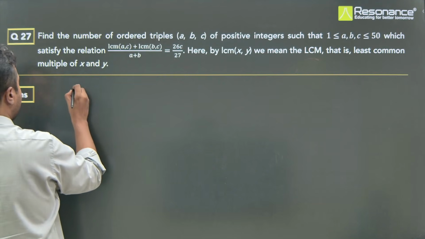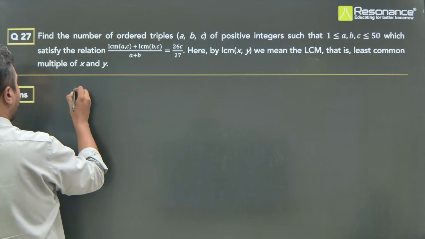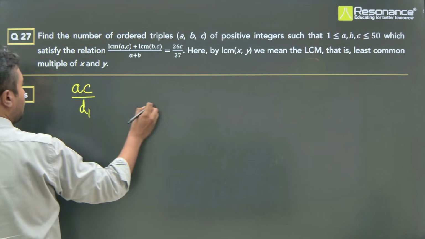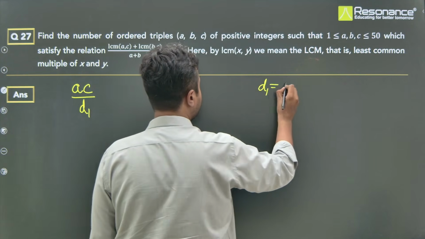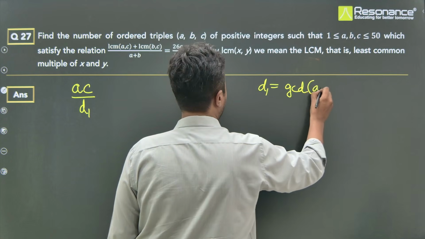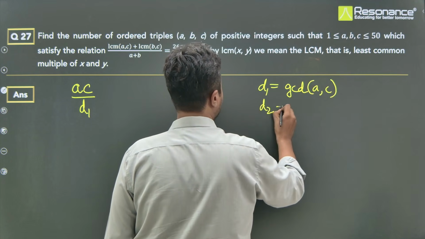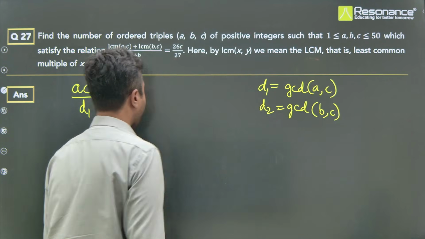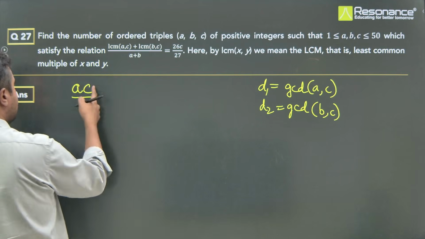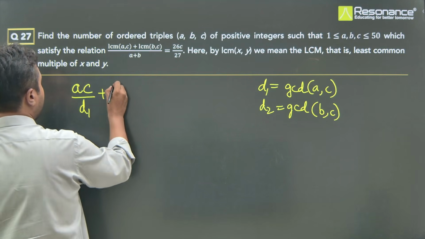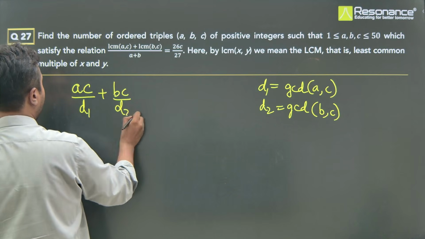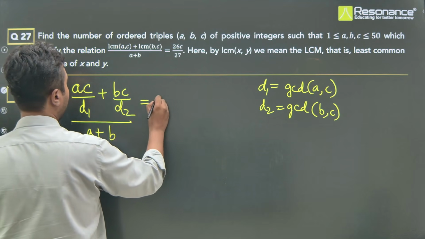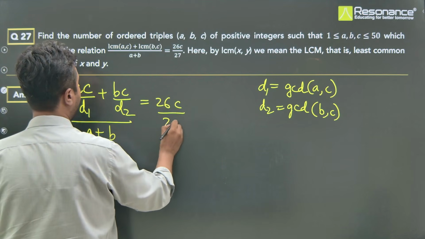So this relation, I'll rewrite it using the GCD. I could say it is a times c divided by d1, where d1 is the GCD of a and c. And similarly, let's call d2 the GCD of b and c. So I would have (ac/d1 + bc/d2), whole thing divided by a plus b, is equal to 26c divided by 27.